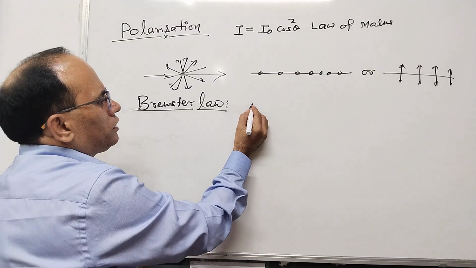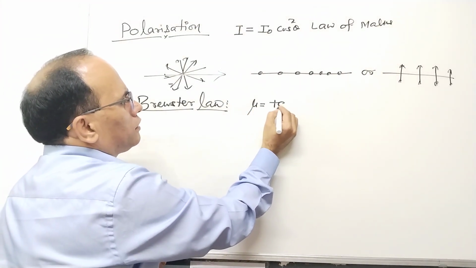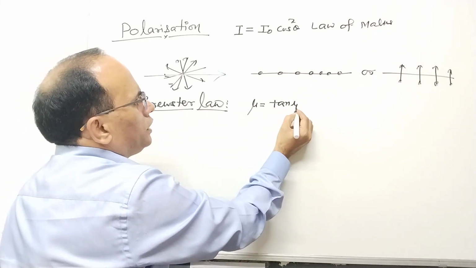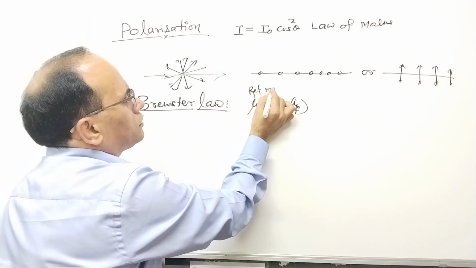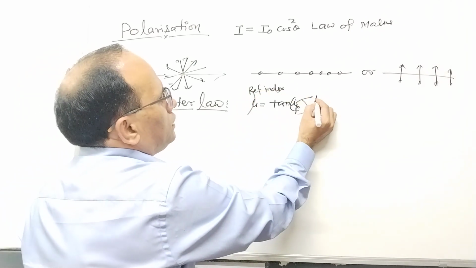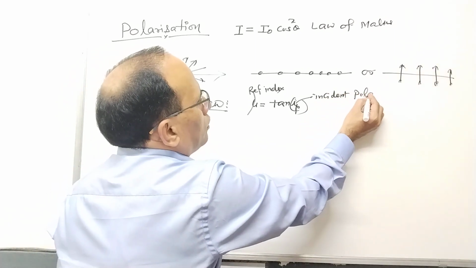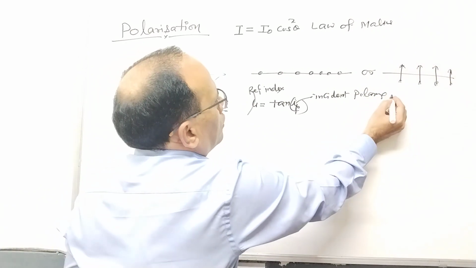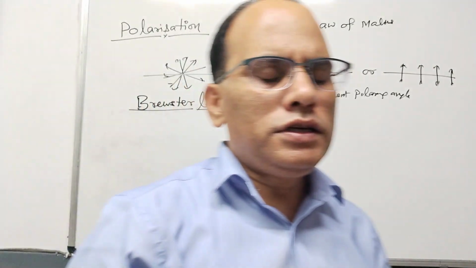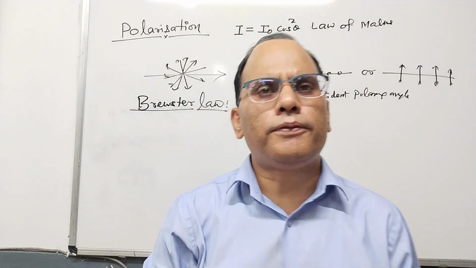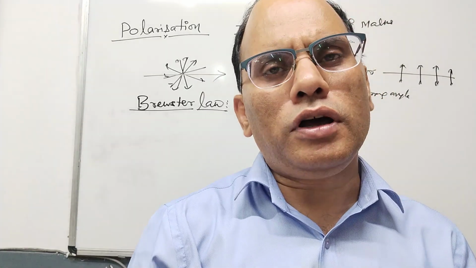Mathematically, it is nothing but mu equals tangent of i_p, where mu is the refractive index and i_p is the incident polarizing angle. One can define that the tangent of the incident polarizing angle equals the refractive index. That is Brewster's law.